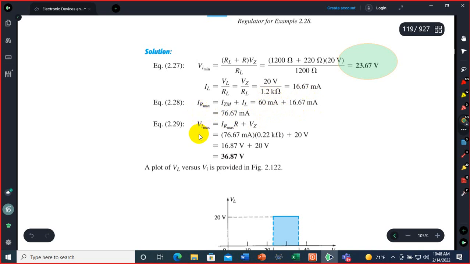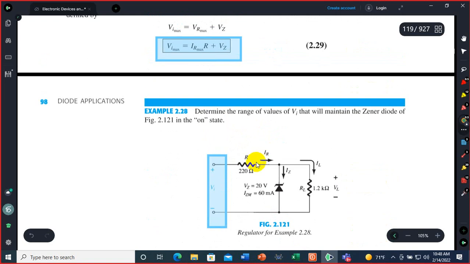So what is VI max? It is the maximum drop across the resistance R plus the zener voltage. This is the maximum current, and the resistance is 0.22 kilo ohm.